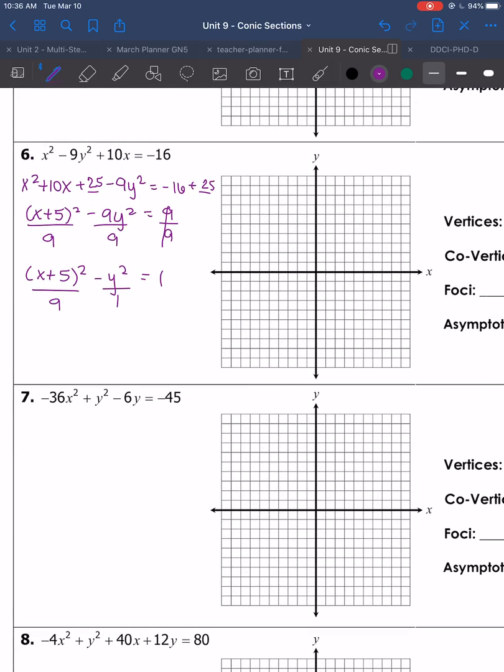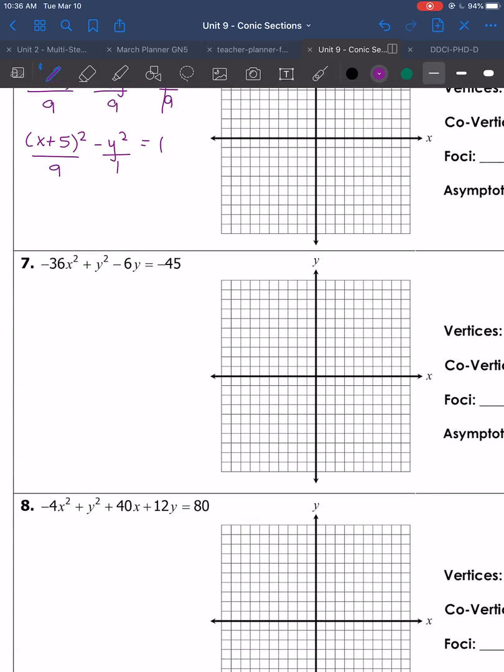And then for this one, I also need to complete the square, but not with the x's, with the y's, because I don't have any other y terms. So I have -36x squared plus y squared minus 6y plus something equals -45 plus another something. -6 divided by 2 is -3, squared is 9.